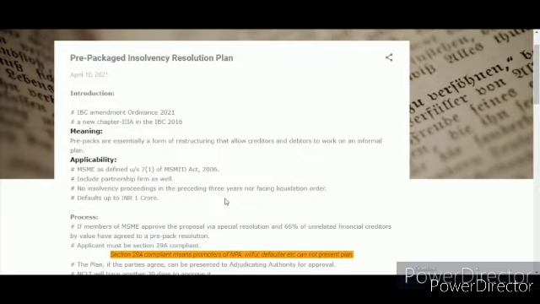So it's not that only if you are in practice or working exclusively in the insolvency regime should you read the IBC code. In general also, if you are working in a company or you are a student, this is a very important piece of legislation you must understand.